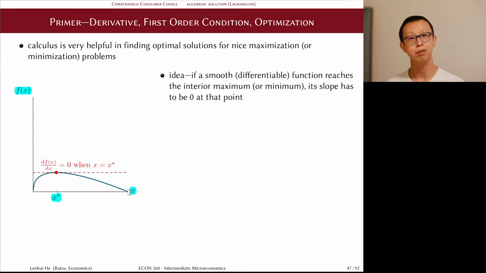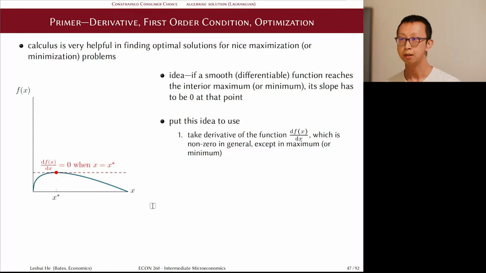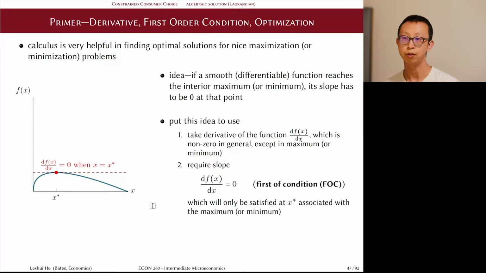So the derivative of the minimum must be 0 as well. In other words, for a differentiable function, its derivative at the maximum or minimum must be 0. This is a very useful condition, and because it depends on the first order derivatives, this is called the first order condition, or FOC for short.